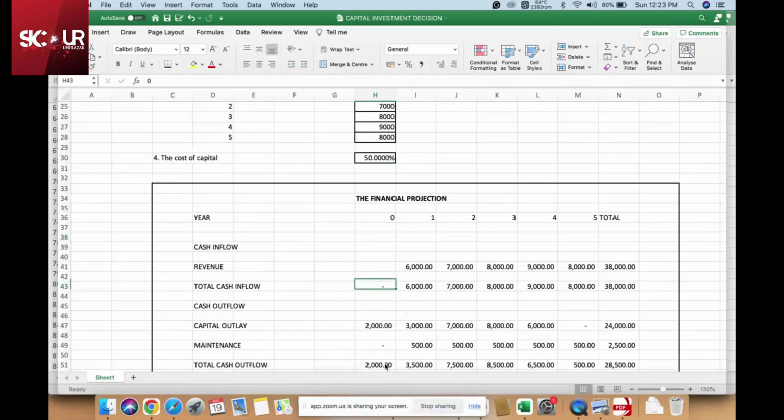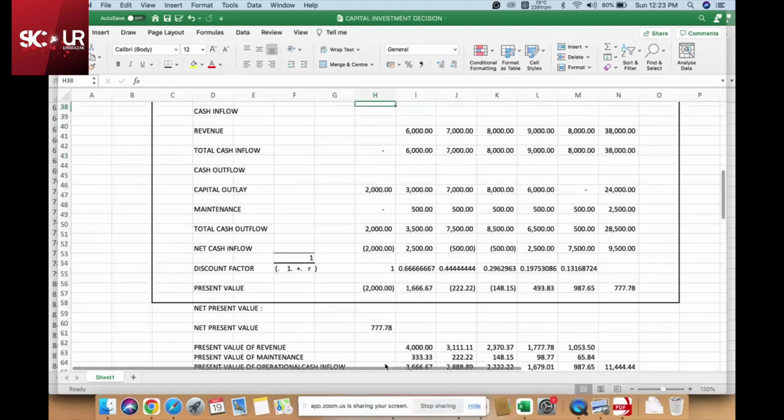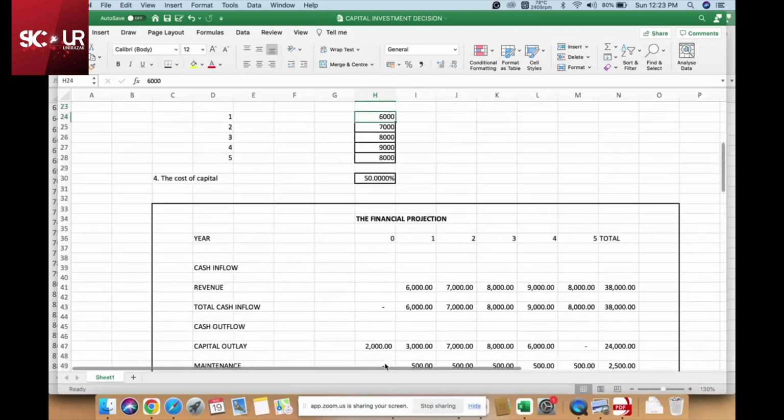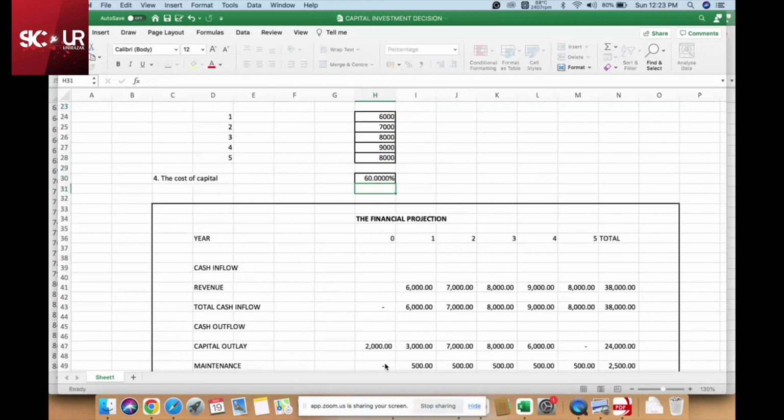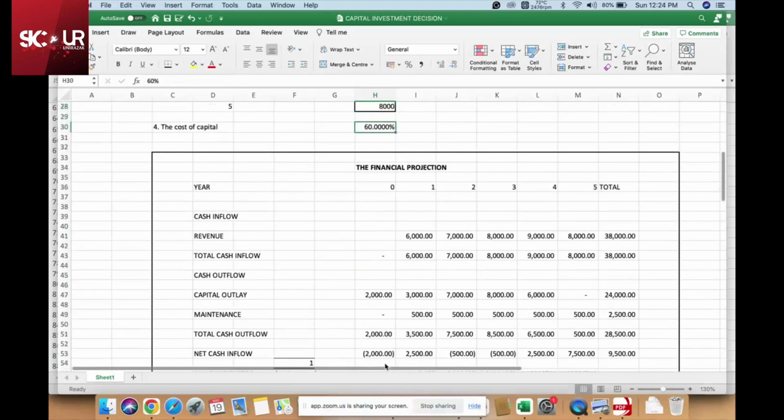At 50%, it is still positive 777,000. So we know now that the IRR is higher than 50%. Let's try 60%. At 60%, it's still positive 341,000. So we know that it is higher than 60%.